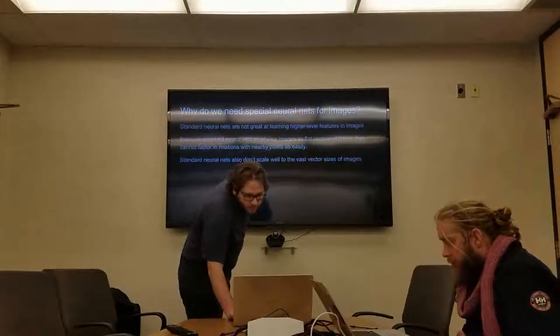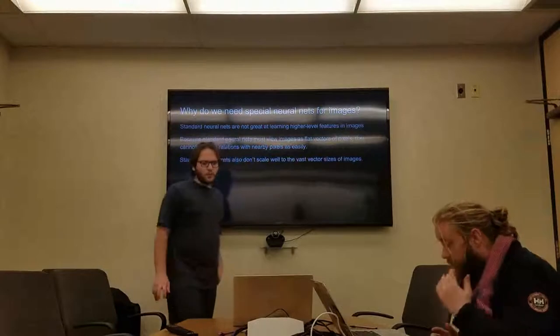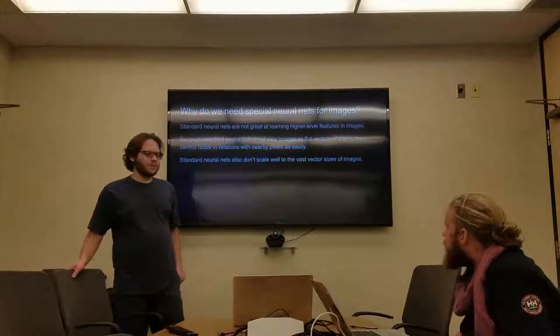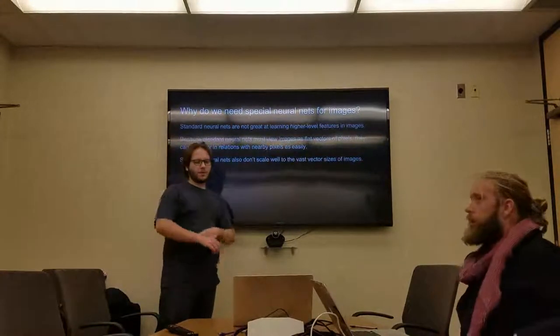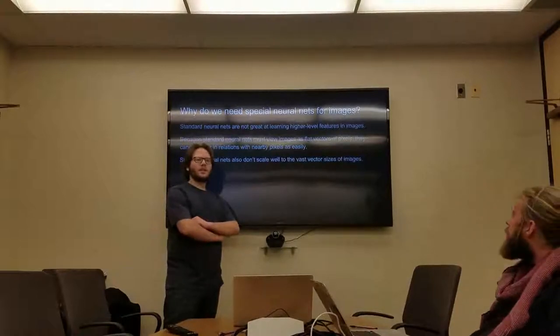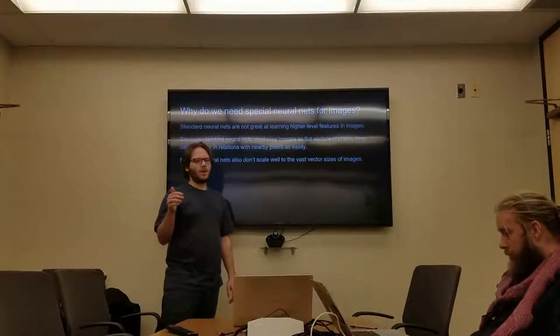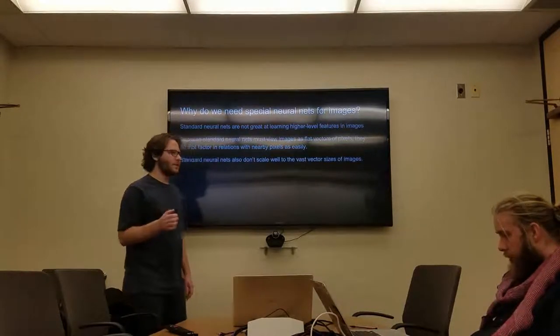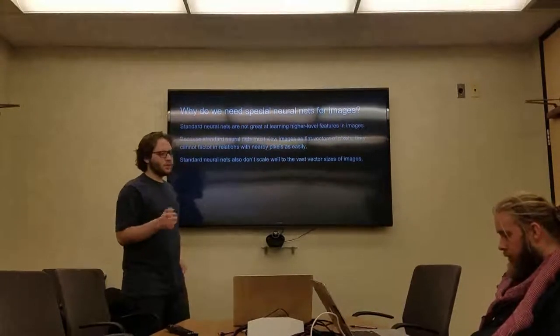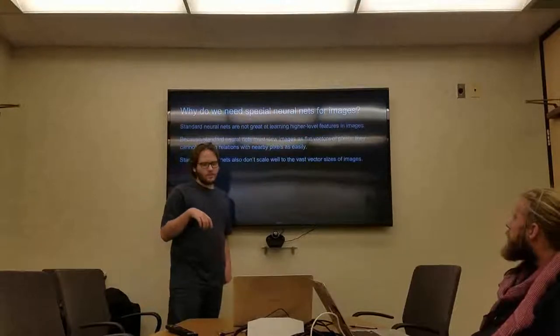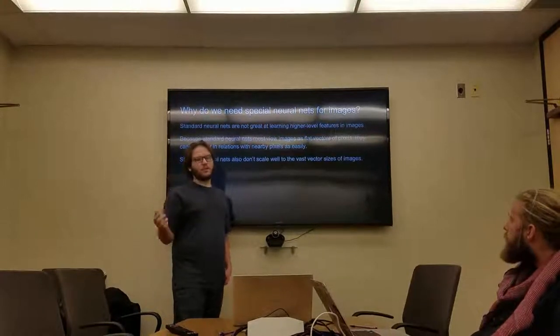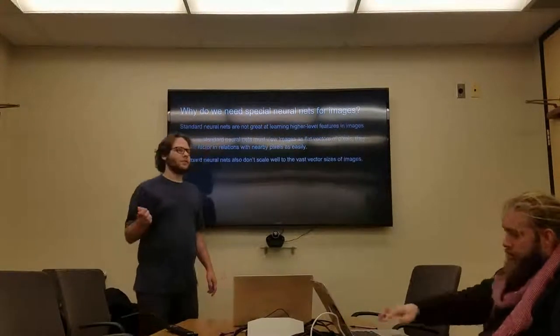So why do we need special neural networks for images? Well, part of the problem is images have a lot of higher level meaning inside of them that we as humans can pick up on that it's hard for computers to. They also have so much data.